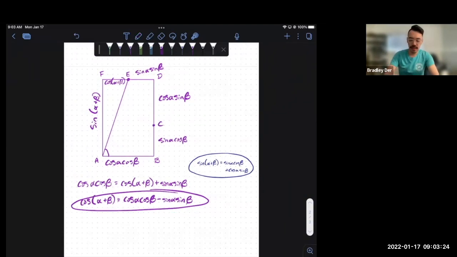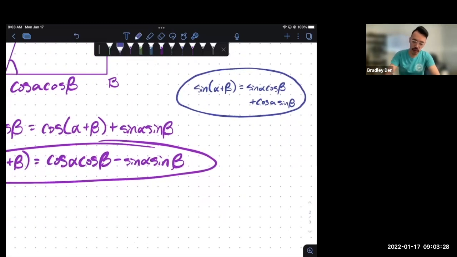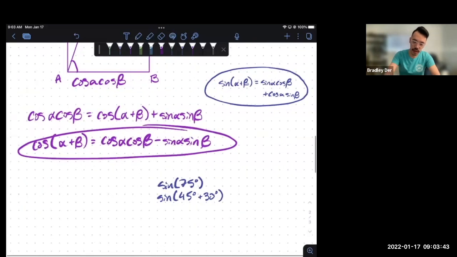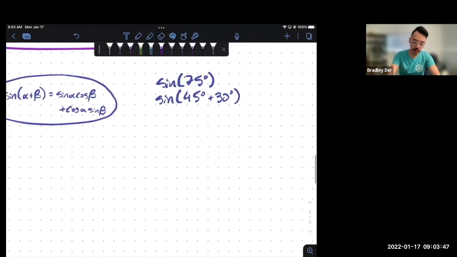All right, so let's finally finish that actual initial question, which, as you recall, was the sine of 75 degrees. Right? We said that we could break that up into the sine of 45 degrees plus 30 degrees. Right? And if we use this formula, that would be equivalent, right?